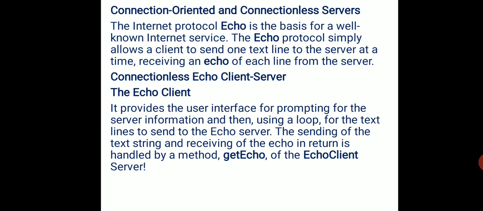The sending of the text string and receiving of the echo in return is handled by a method getEcho of the echo client server. The echo client server is an application and getEcho is a method.